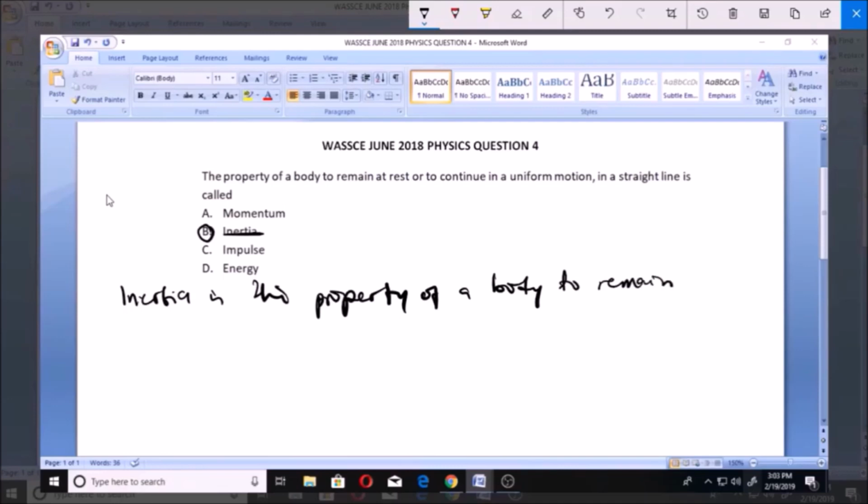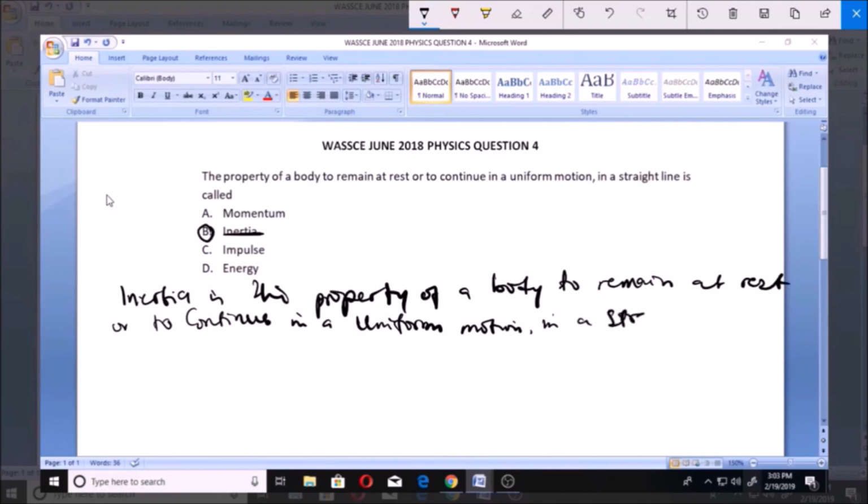To remain at rest or to continue in a uniform motion in a what? Straight line, rectilinear motion in a straight line. So that is what inertia is.